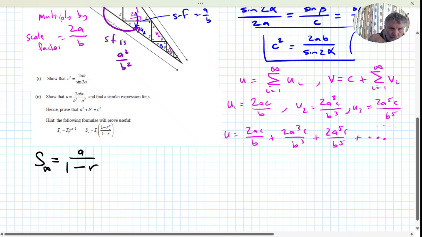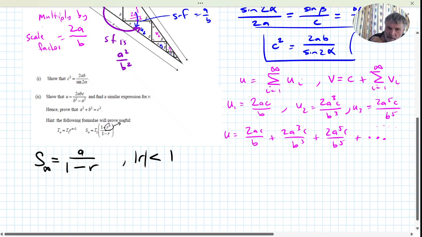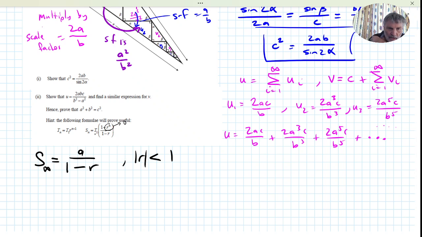And you can see that because we want the ratio to be less than 1, absolute value of it. So if we raise something that's less than 1 to a big power, this term just drops off. This is going to 0. So we've got t1 over 1 minus r, where t1 is the first term. So I've used a as the first term here.